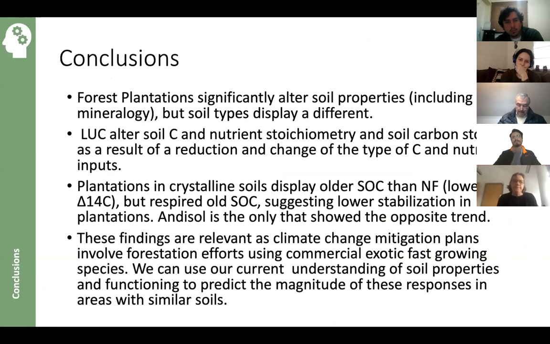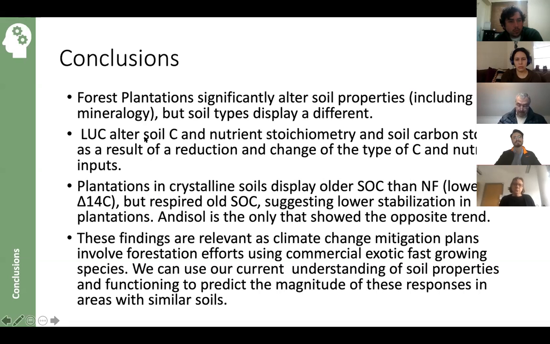So some main conclusions so far are that forest plantation significantly alters soil properties, including mineralogy, in the sites that we have seen. But there is a significant difference in the response of the different soil types. It's very important, when we talk about these processes, that soil type is really a major control on carbon cycling and the response of carbon cycling to this intensification of use.